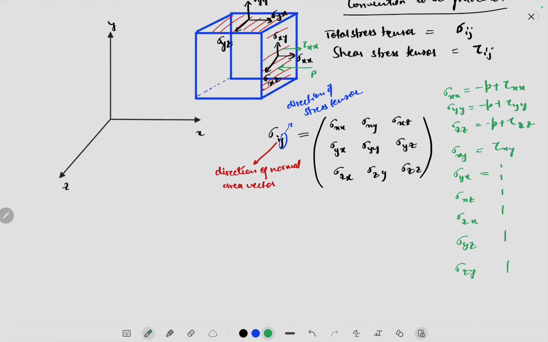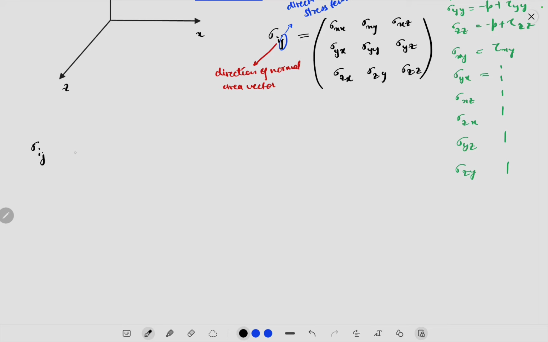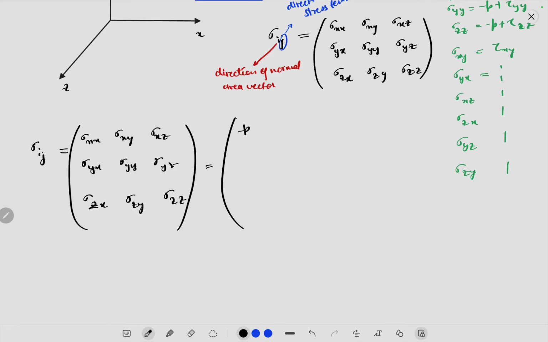So I can write my total stress tensor sigma ij with diagonal entries minus p plus tau xx, minus p plus tau yy, and minus p plus tau zz, and the off-diagonal entries tau xy, tau xz, tau yx, tau yz, tau zx, tau zy.